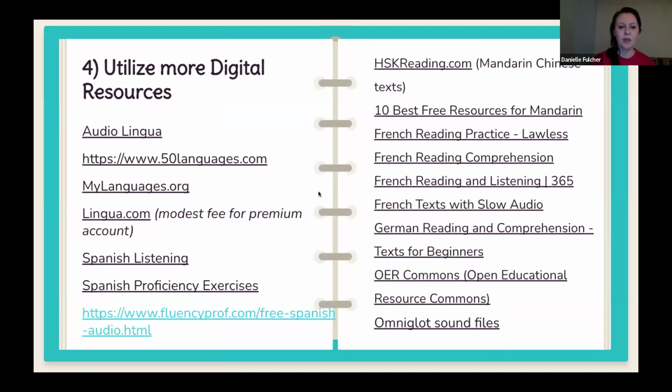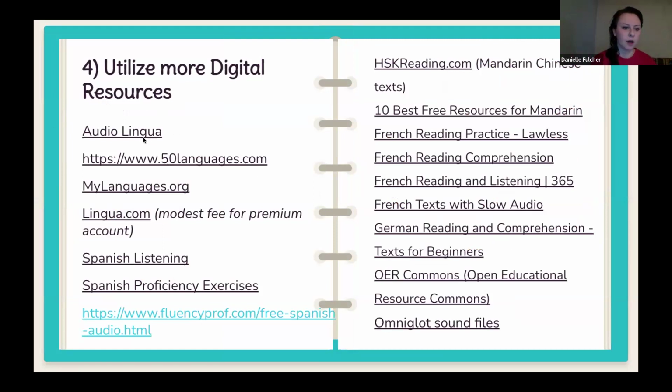Okay. The other one is using as many digital resources as you can. All of these are linked on here for extra reading and listening practice. And they have a bunch of different downloadable files or recordings that you can integrate into your classroom.